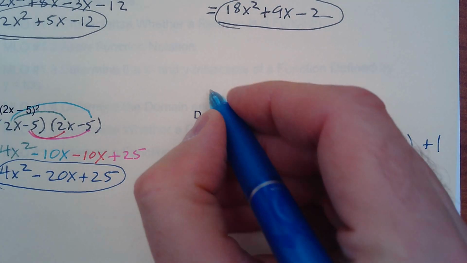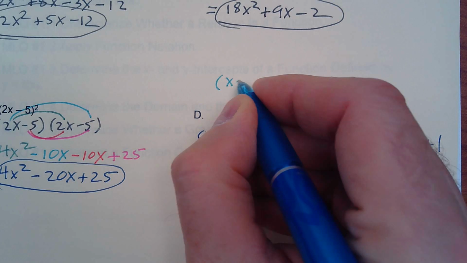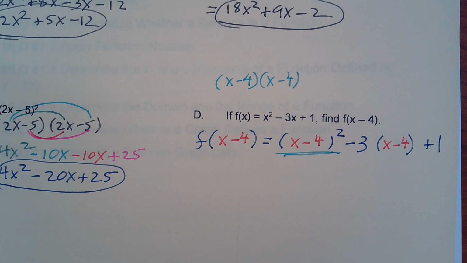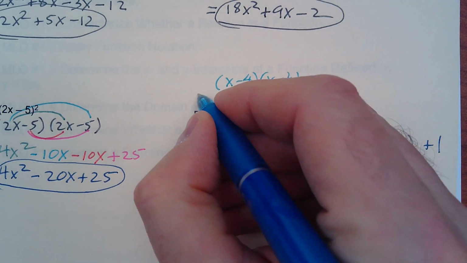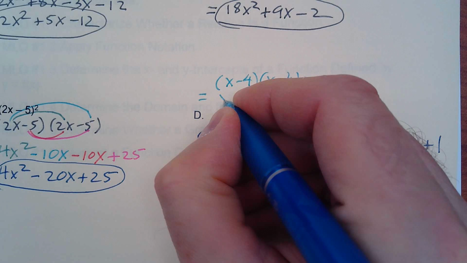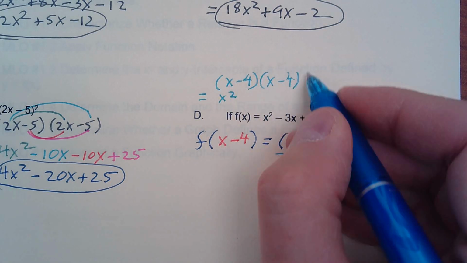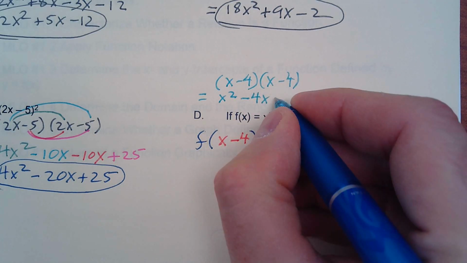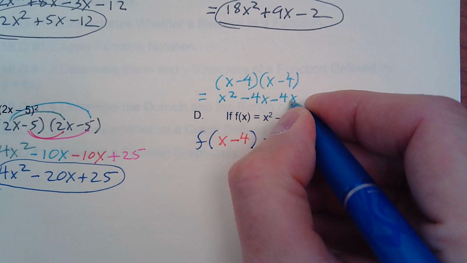So I'll go up here, just rewrite that x minus 4 times x minus 4. Go ahead and do my FOIL. Product of the first, x times x is x squared. Outer terms is a negative 4x. Inner terms would be a negative 4x.